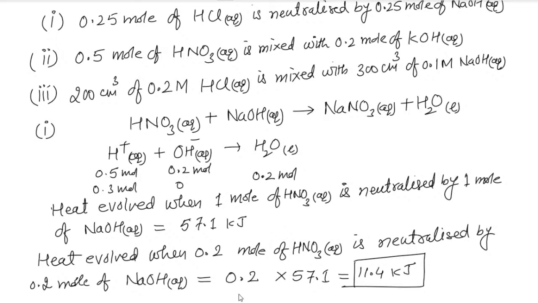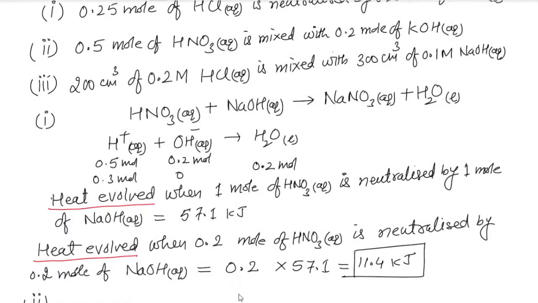It is negative, but the value we write as positive. Why? Because we write here heat evolved, so it itself means negative value. Okay, I think you got the point. Last one: you should say how many moles of water are formed from the acid and base, because acid will provide H plus ions and base will provide OH negative ions.